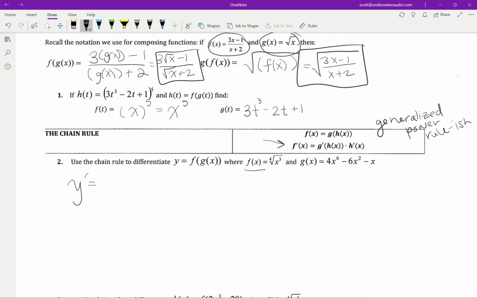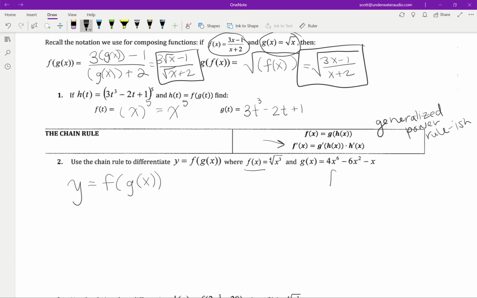So y equals f of g of x is what I'm given, but here f of x equals the 4th root of x cubed. So we have to think about which thing actually represents which thing. So let's start with y, let's write out what we started with. y equals f of g of x.